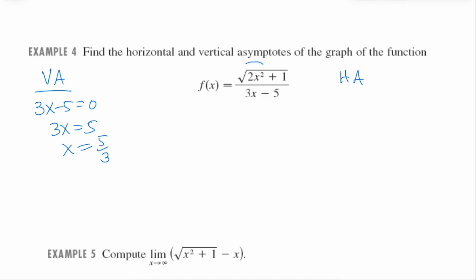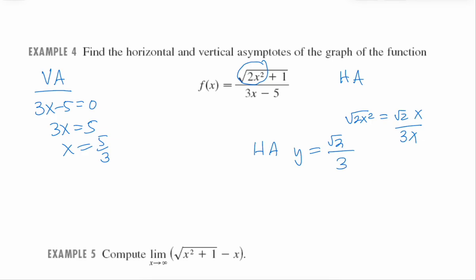The lead term on top is kind of like the square root of 2x squared, which is really the square root of 2 times x. The lead term on the bottom is 3x. Don't they match? Technically, they kind of match. So the horizontal asymptote occurs when y equals the coefficient on top over the coefficient on the bottom.